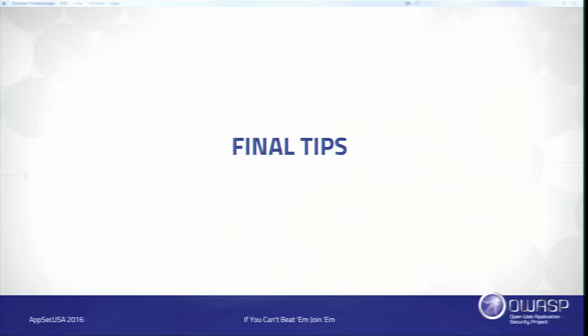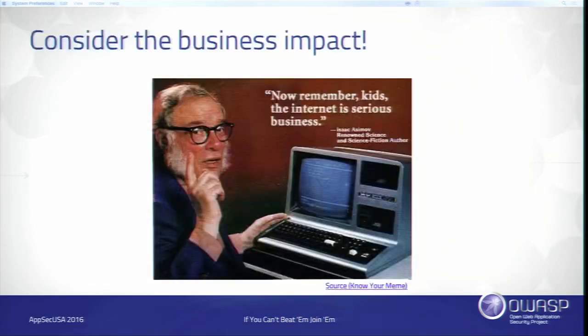All right. So we've covered a lot of information so far, and we just want to touch on a few ideas really quickly as we close out. So the first is, consider the business impact. There's the technical impact of a vulnerability, like SQL injection, right? But that same SQL injection vulnerability has different business impacts if it's on a production server, or if it's on some intern server that you didn't even know existed.